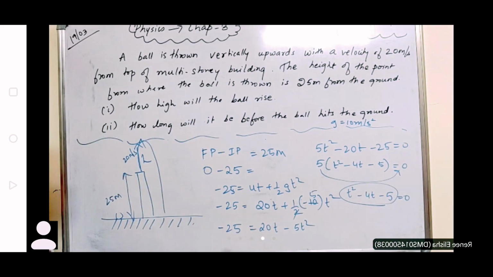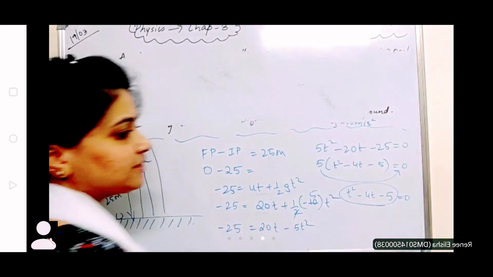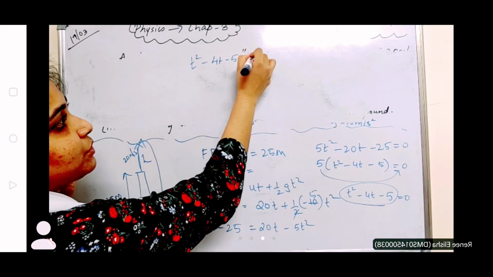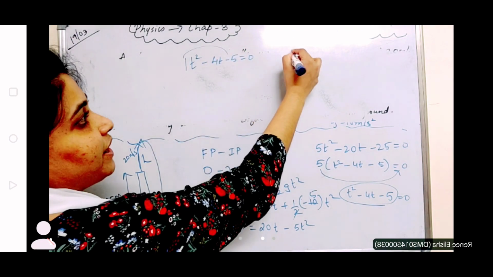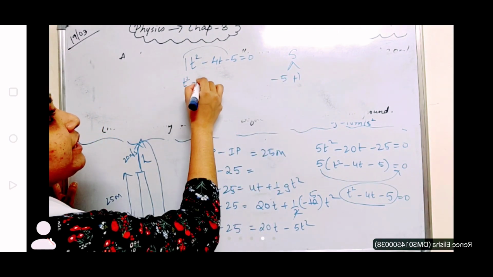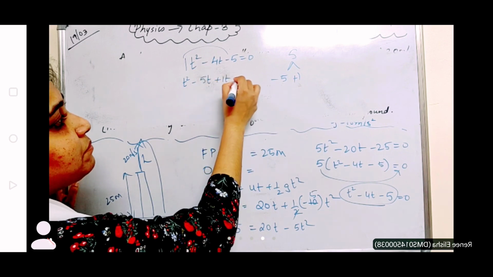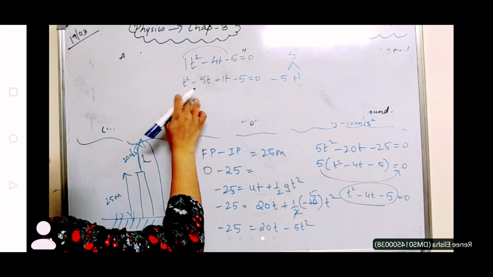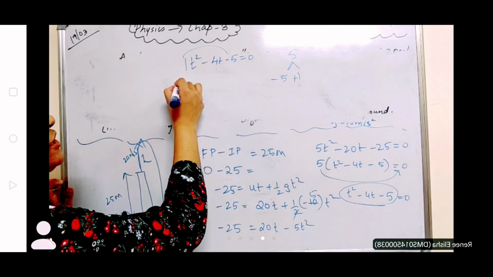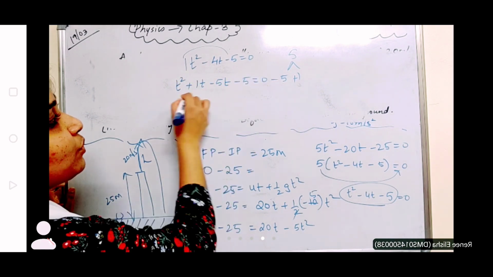What do we get? T equals 5. Yeah, so let's check. t square minus 4t minus 5 is equal to 0. Let me write it as t square plus 1t minus 5t minus 5 is equal to 0.